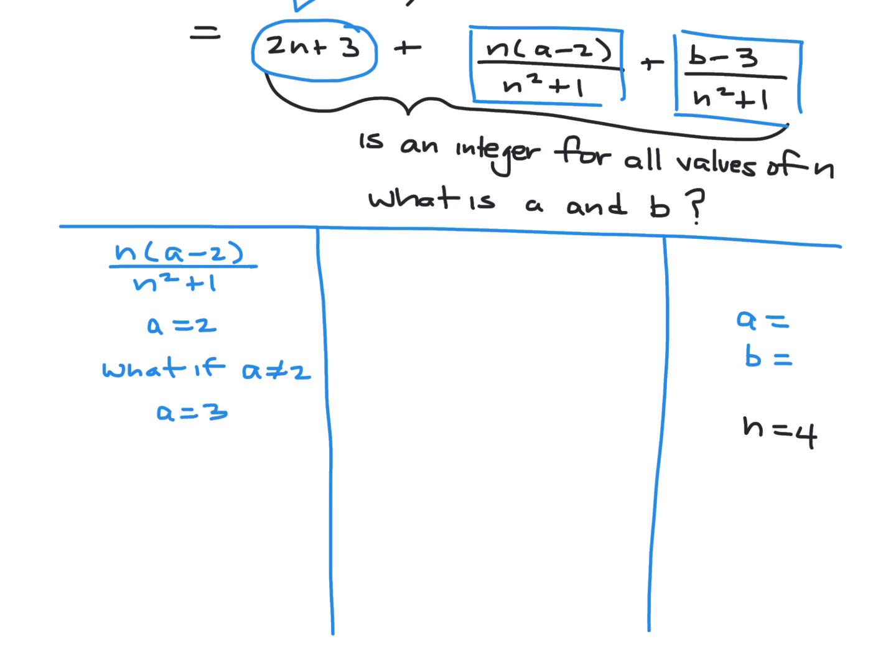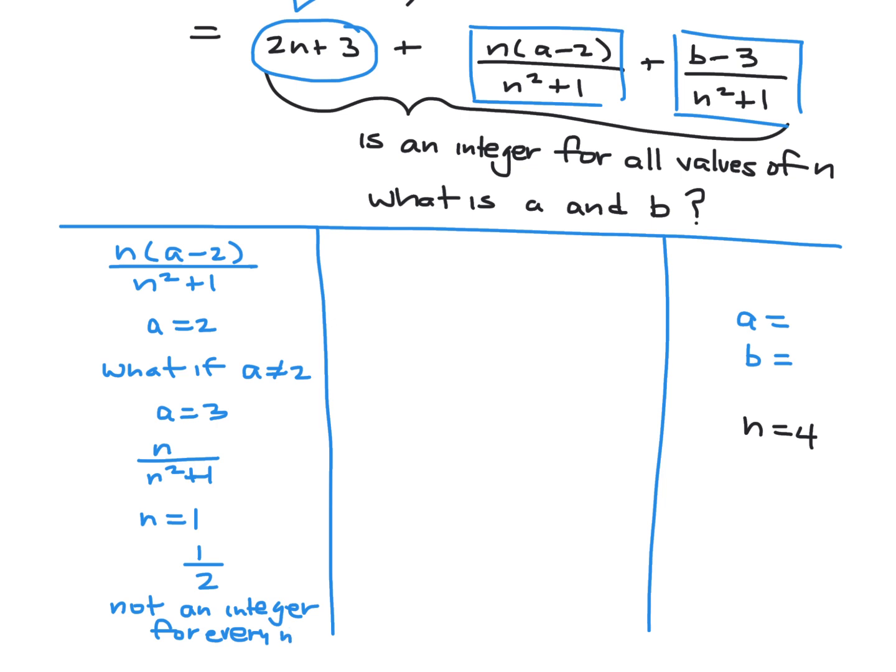If a equals 3, then I plug that in, it'll be basically n over n squared plus 1, right? Well, this has to be, according to their definition, an integer for all values of n. But I can prove that it's not an integer just by putting in n equals 1. It becomes 1 over 2. So therefore, not an integer for every n.